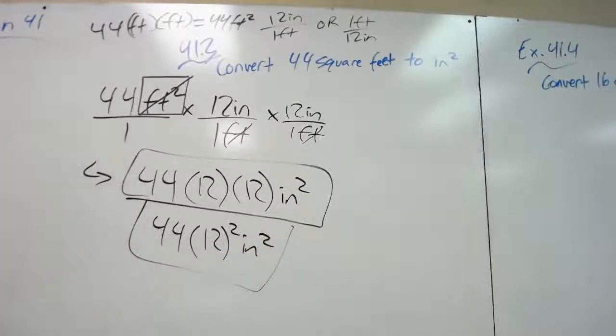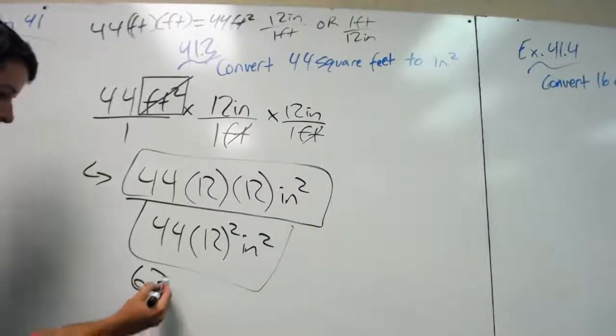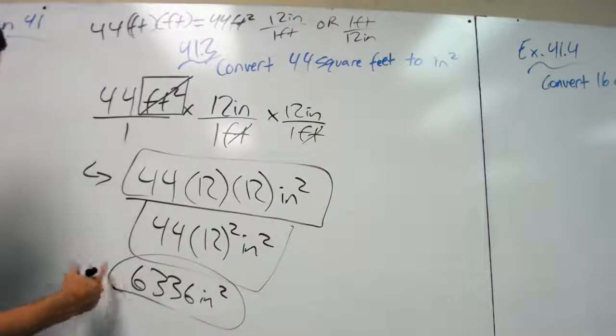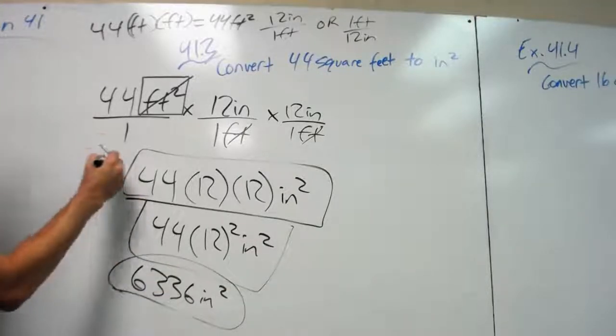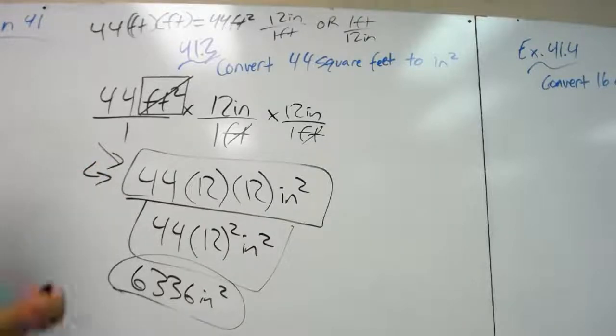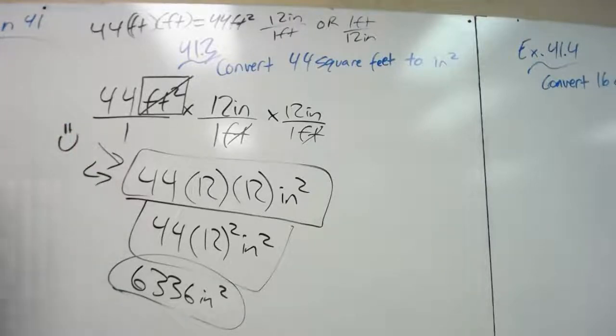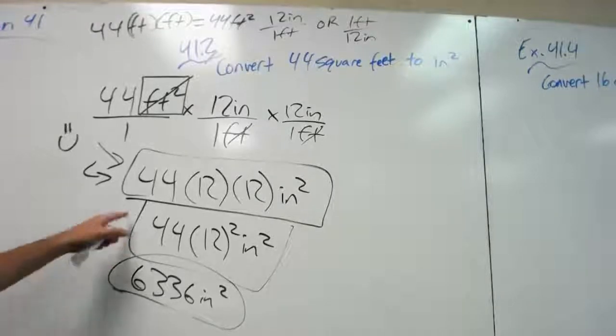Or you could solve it and figure out your answer of 44 times 12 times 12 and get 6,336 inches squared. However, you do not have to do that. This is totally acceptable and that's probably how I would write it. I would probably write it that way. That's easier. One of those two is what I would do.